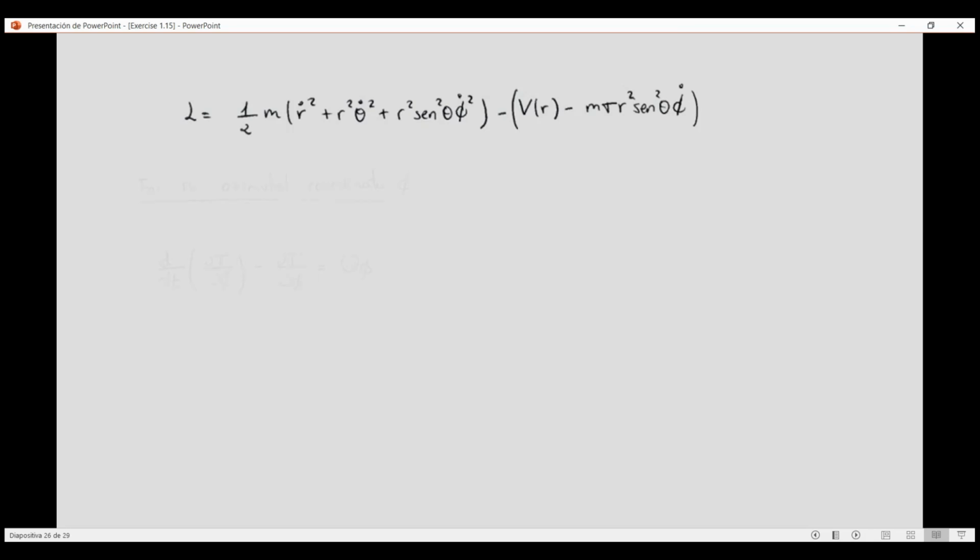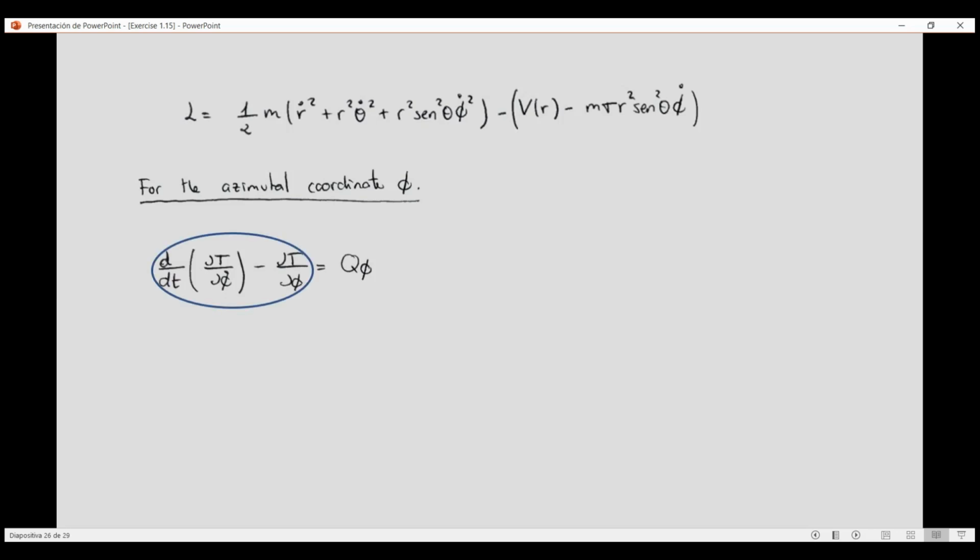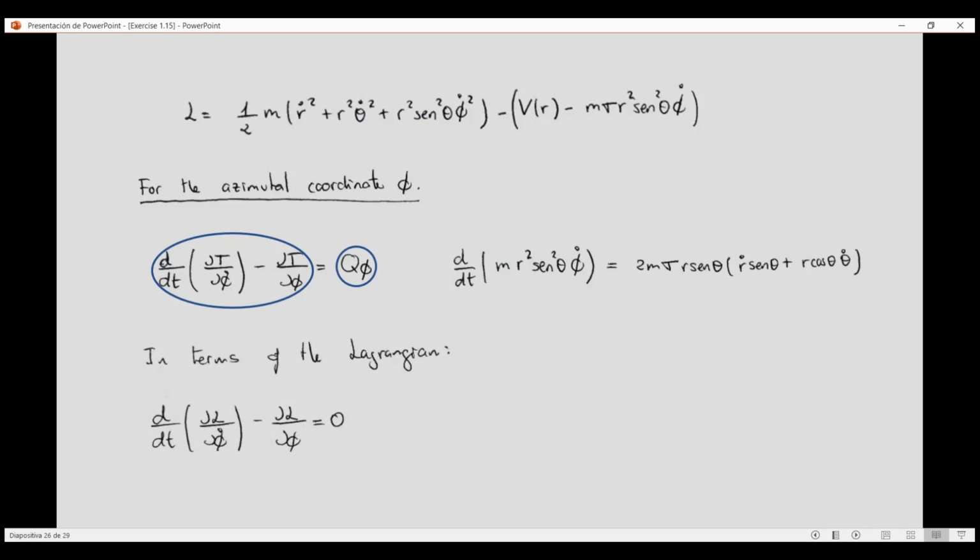And we proceed in the same manner for the equations in phi. In the case of the Lagrangian, differentiating the Lagrangian with the Euler-Lagrange equations, here we can notice that there is no dependency of the Lagrangian on phi. So this quantity here in parentheses is conserved because the derivative in time of what is inside is 0.